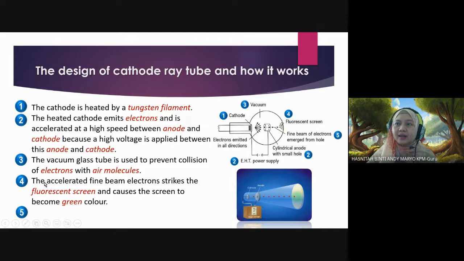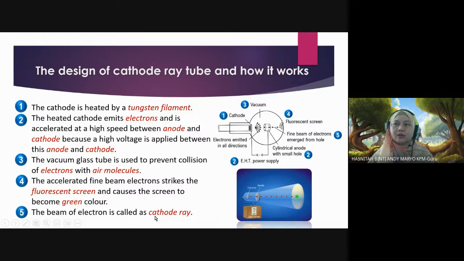Then the accelerated fine beam of electrons strikes the fluorescent screen and causes the screen to become green in color. So this is the effect that you are going to see. Finally, the beam of electrons is what we call a cathode ray.